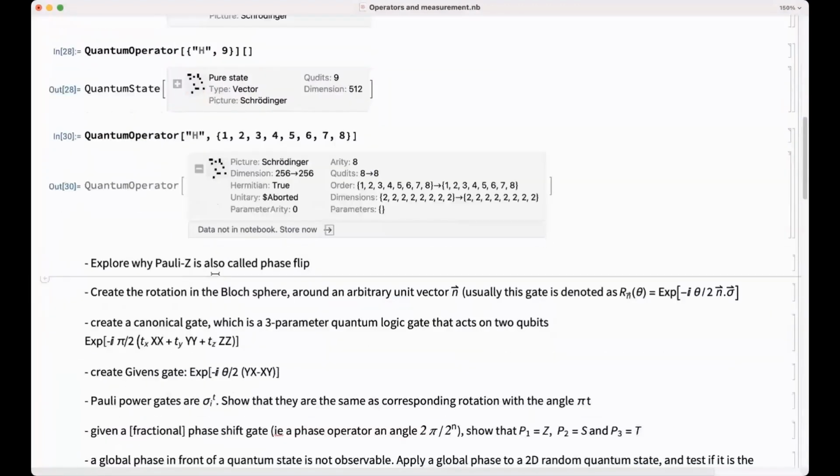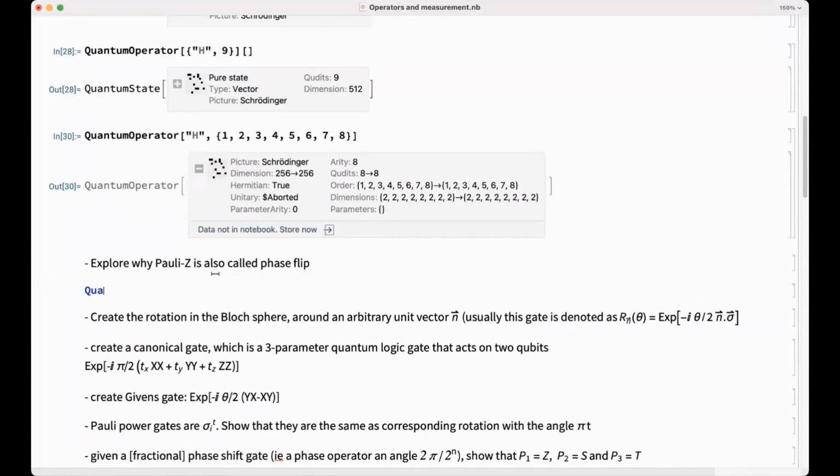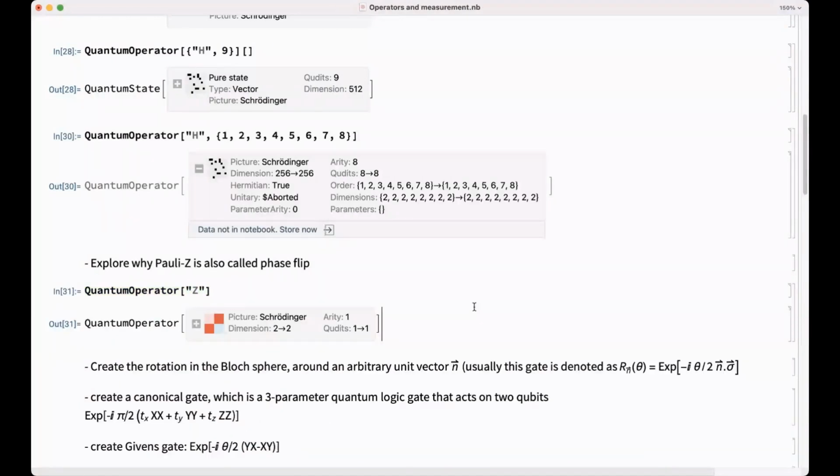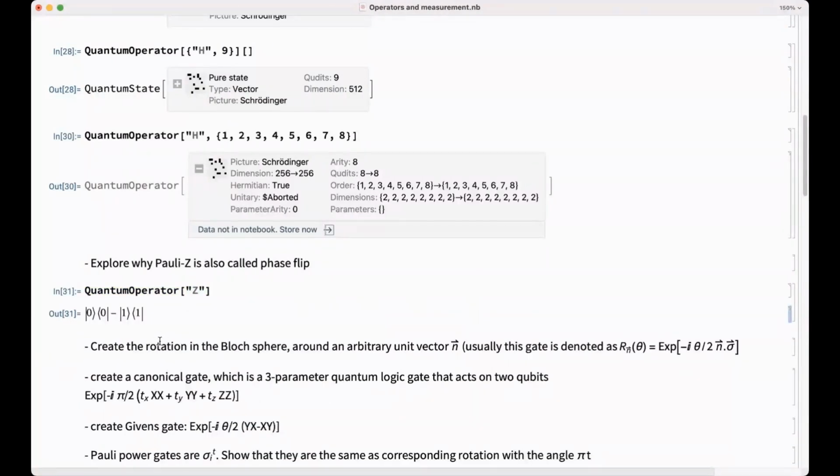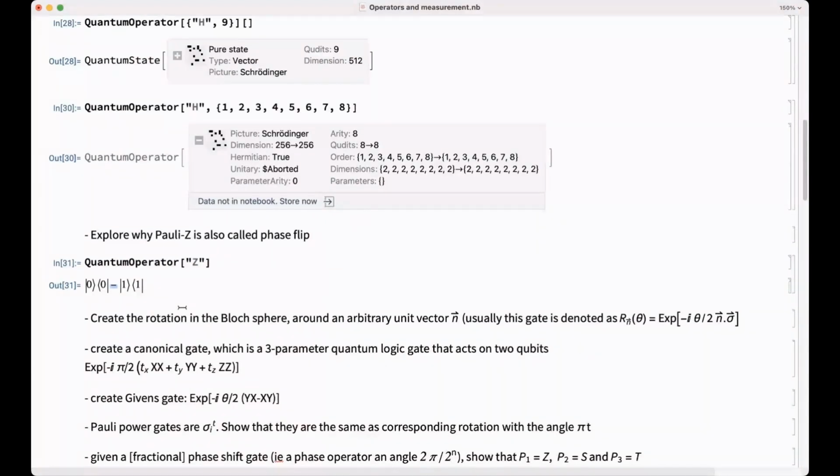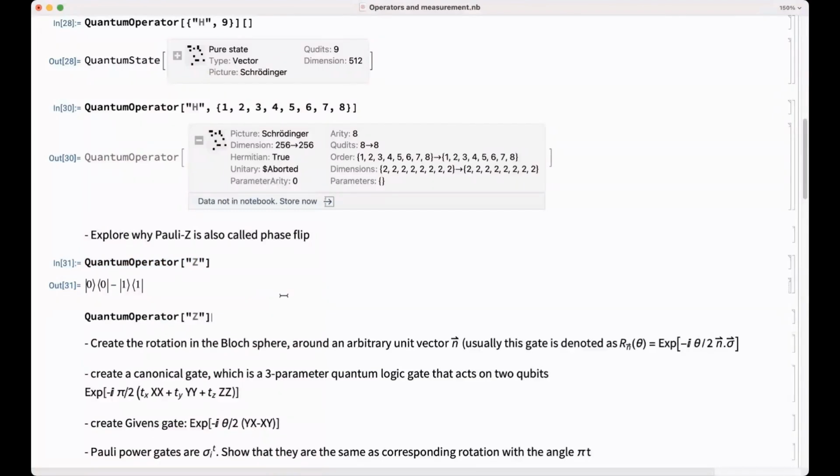The next question is asking why, whenever we talk about Pauli-Z, many people, much of the literature, call it a phase flip. What's happening there? It's literally, as you can see, like adding a negative phase whenever you have your one state.